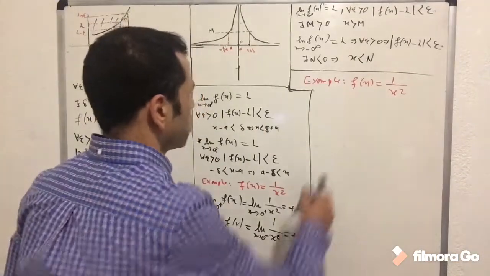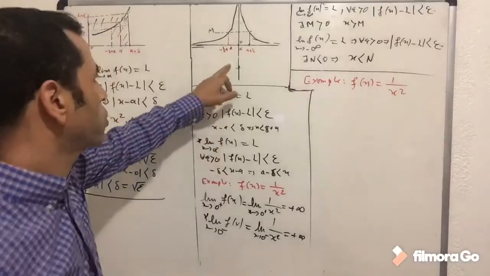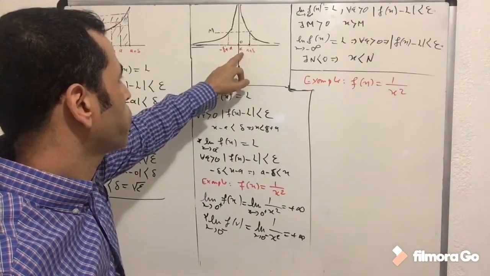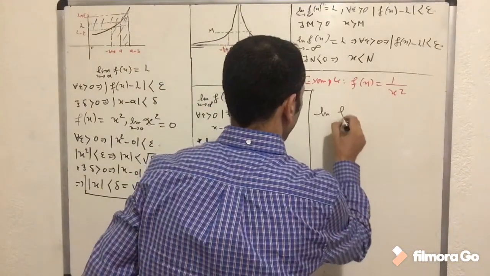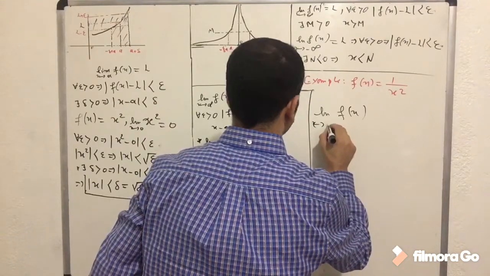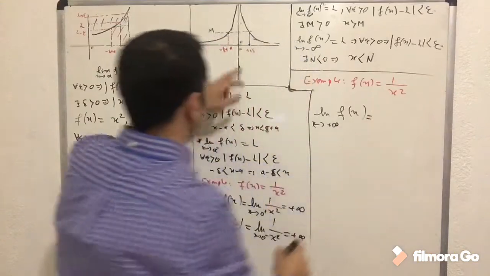So let's take the same example, but this time x is not approaching a. Now x is approaching infinity. That's the difference now. So the limit of f of x when x is approaching plus infinity from the right-hand side. What is infinity?